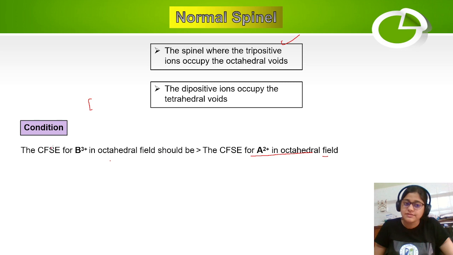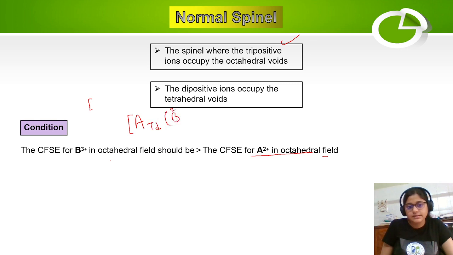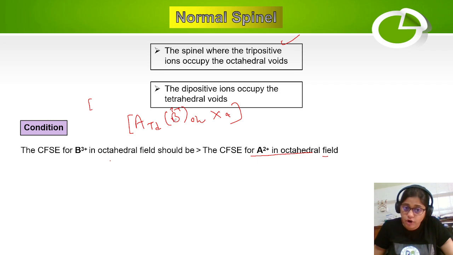Here A is in tetrahedral, B3+ is in octahedral, and X4 in lattice points. As B3+ is in octahedral void, the CFSE of B3+ in octahedral void should be greater than the A2+ in octahedral void, so that the exchange will not happen.